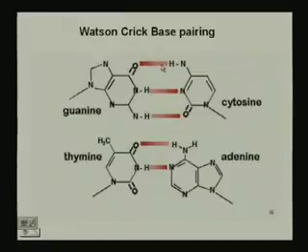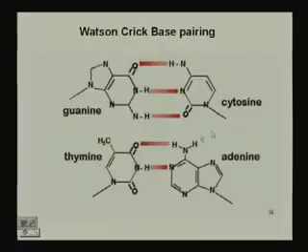Here is one hydrogen bond, here we have another hydrogen bond, here we have another hydrogen bond. So, we have 3 hydrogen bonds in the pairing of G and C. We have 2 hydrogen bonds in the pairing of T and A.